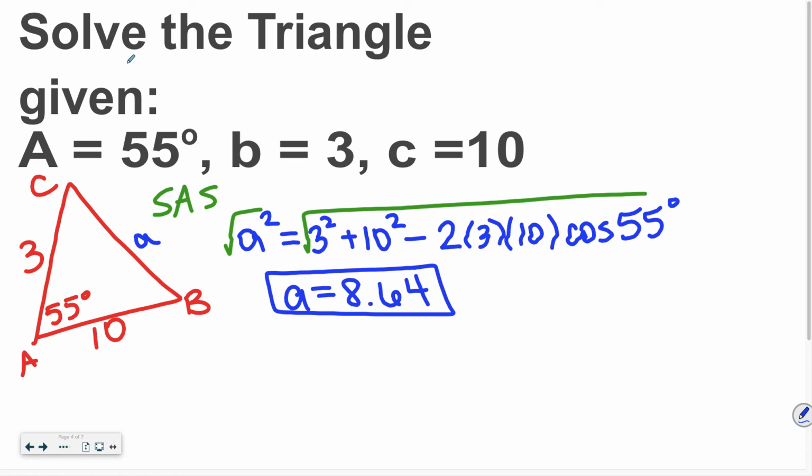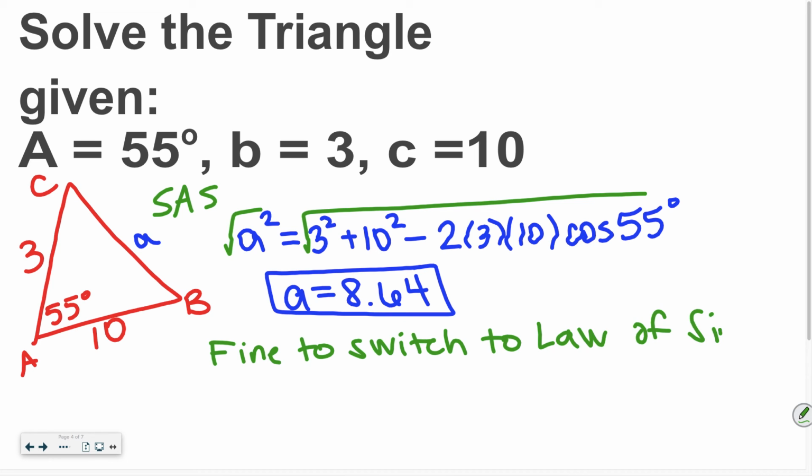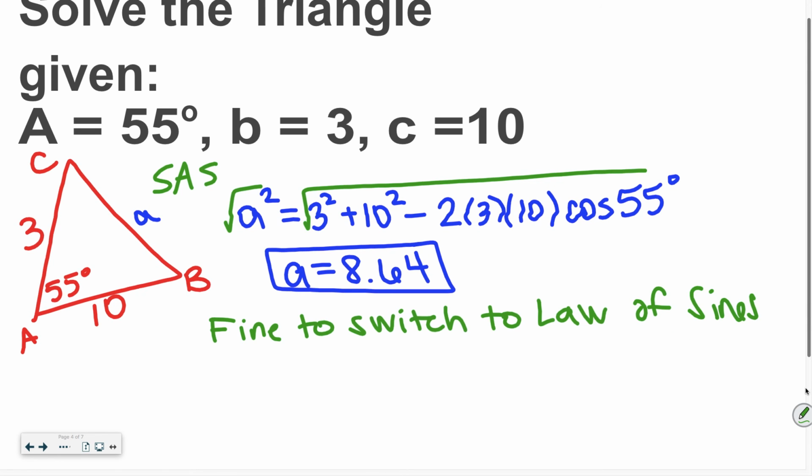What angle is the biggest? I'm not going to use the law of sines to find C. We should instead solve for B. So it is fine to switch. But we just have to be smart about it.